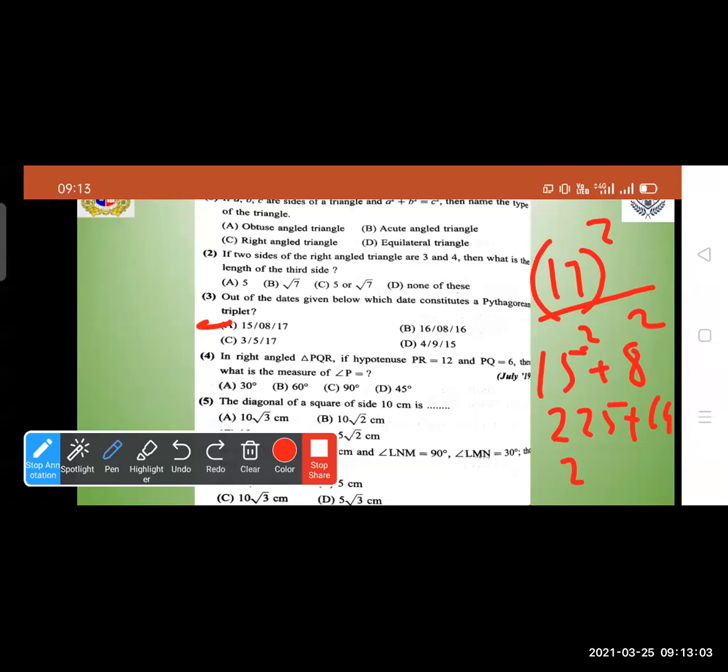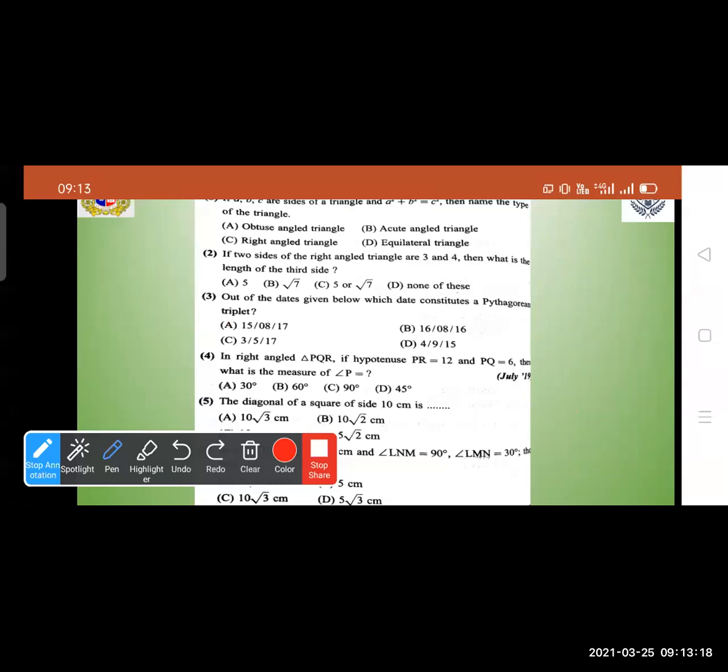So you get 289. And the square of 17 is also 289. Then we find the square of the largest term is equal to the sum of the squares of the remaining two terms. Then it is a Pythagorean triplet. So don't check B, C, D. Our answer is A.